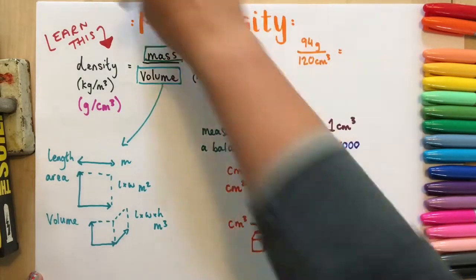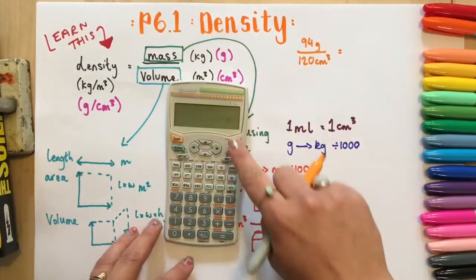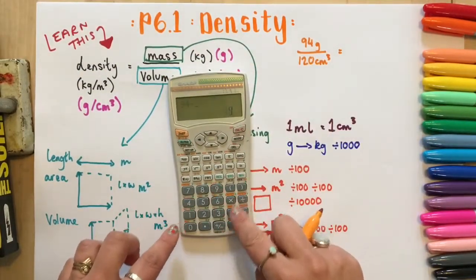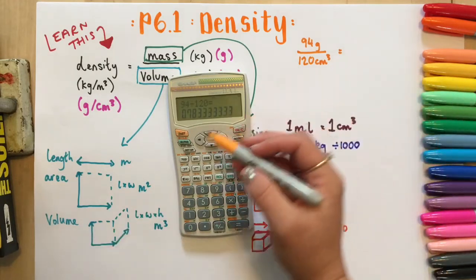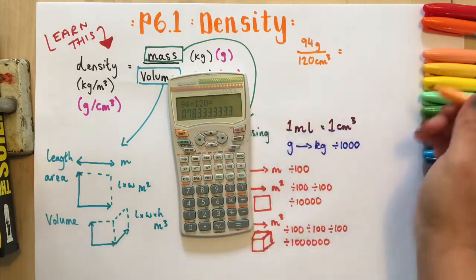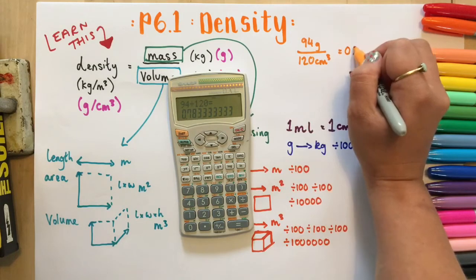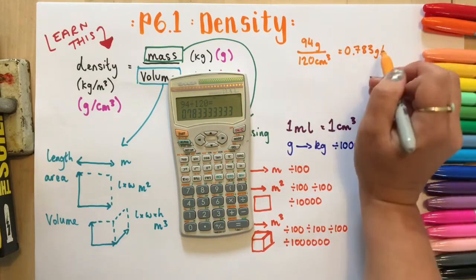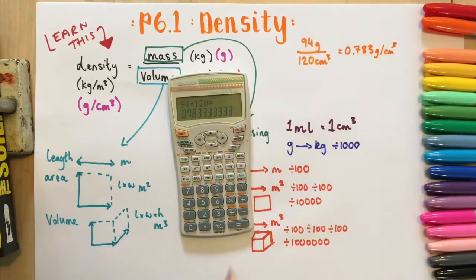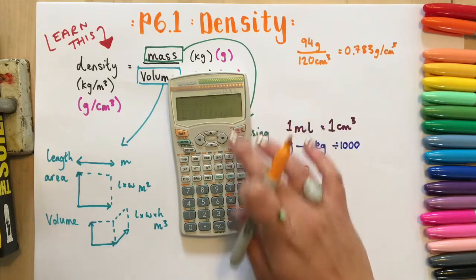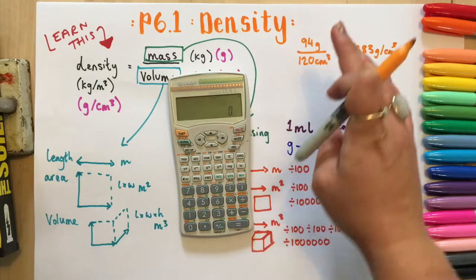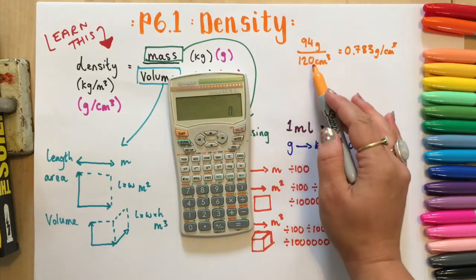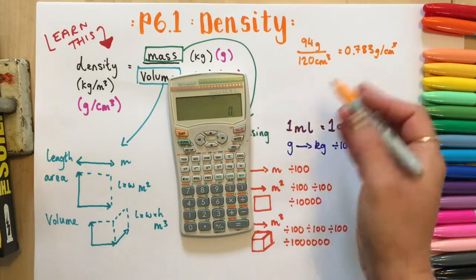Okay, so if I do that on my calculator and I do 94 divided by 120, I get 0.783 recurring. So 0.783 grams per centimetre cubed. Okay, what I could do is convert both of these into the form that we want.